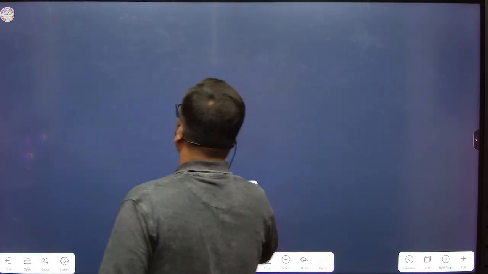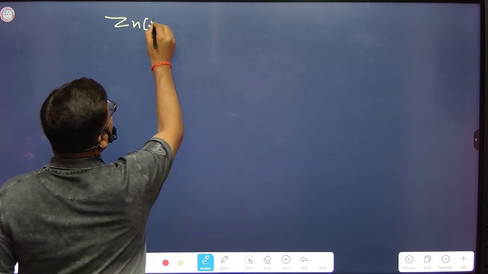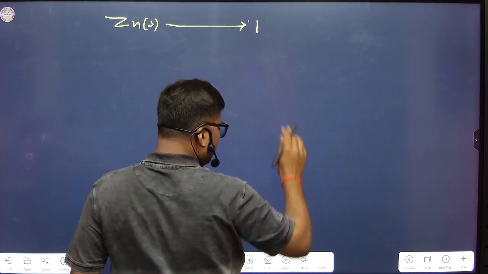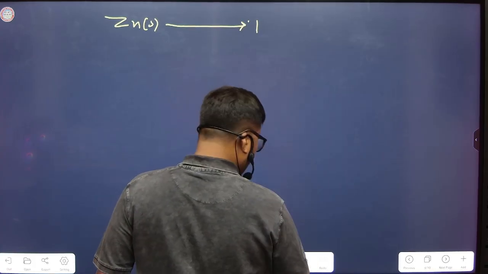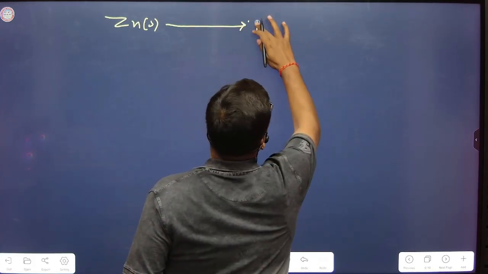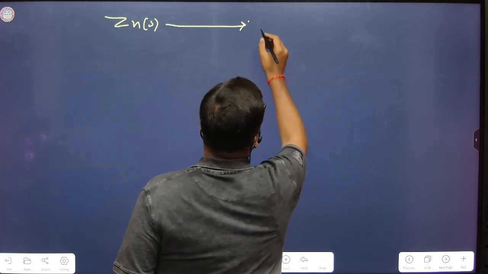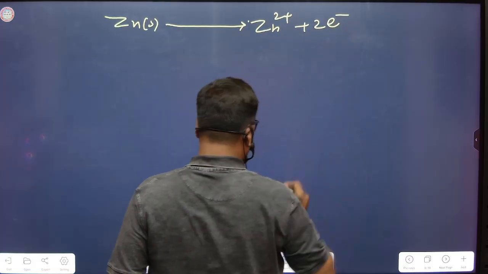So suppose this is your zinc solid, it is oxidized. It means that this is your Zn2+ plus 2 electrons, right?